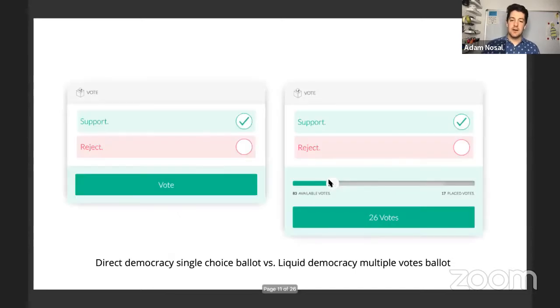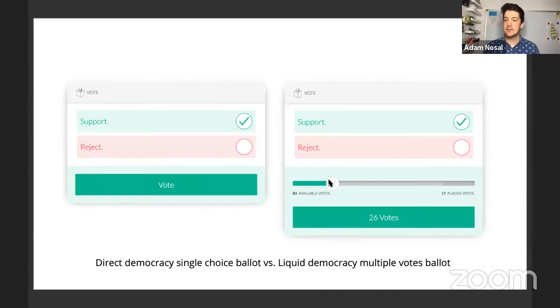For example, this here is an example of the difference between direct democracy, so single choice, which we're quite familiar with, yes or no, in or out, support or reject. But the difference with the principles here and with Democracy Earth Foundation is that they allocated individuals tokens.